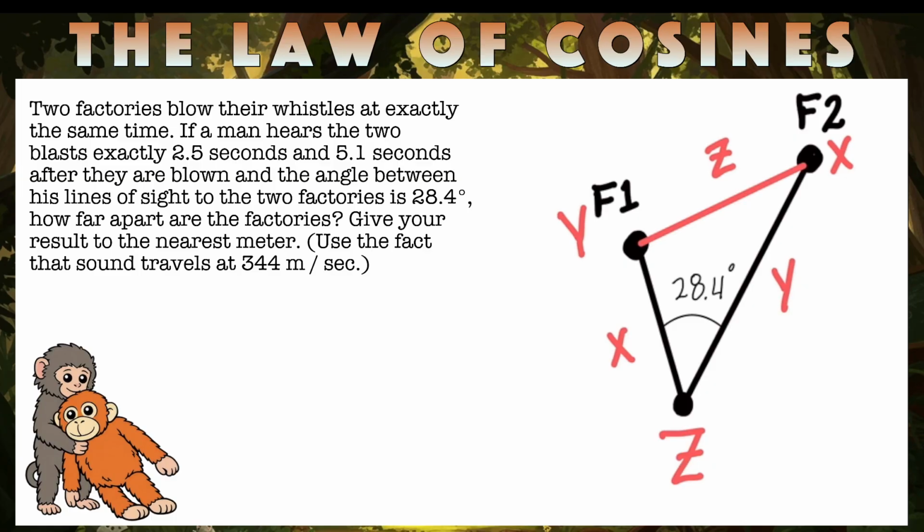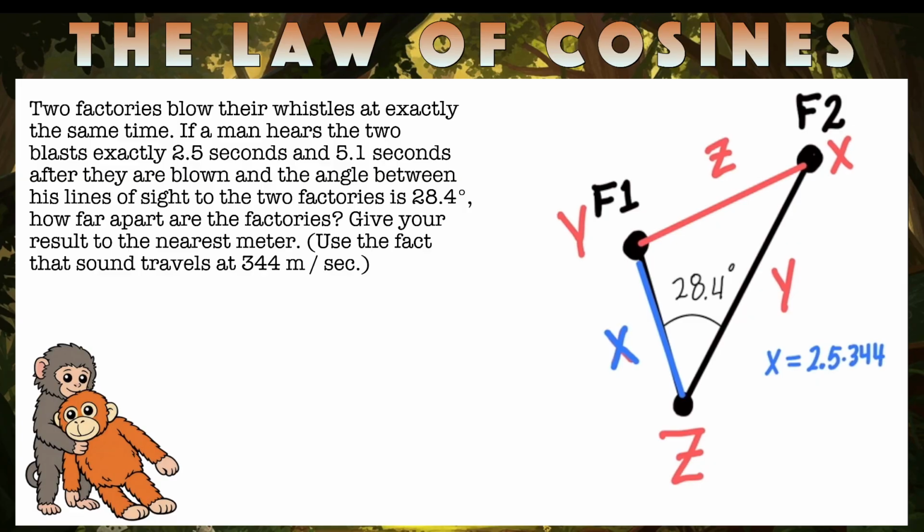So if we're finding X first, I'll even color code a little bit. Let's write that over here. The distance for that side, X, is going to be 2.5 seconds times 344.